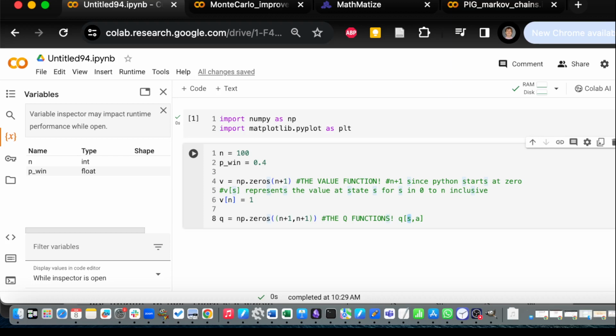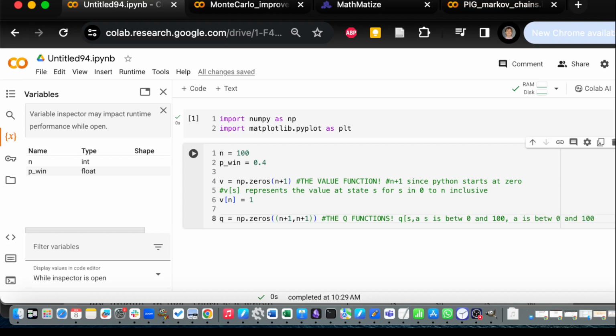I'm putting in the actions a as 0 to n plus 1, but that is not quite right. So in NumPy, you have to make a matrix. You can't make a weird piece of a triangle. So right now, s is between 0 and 100, and a is between 0 and 100.